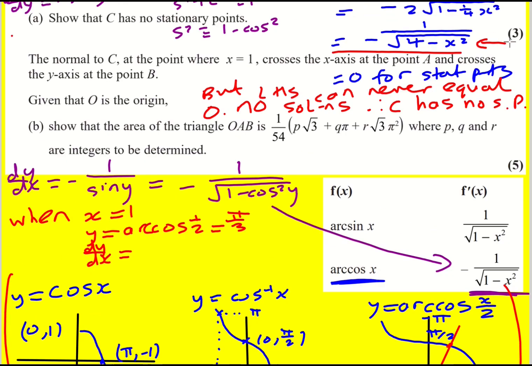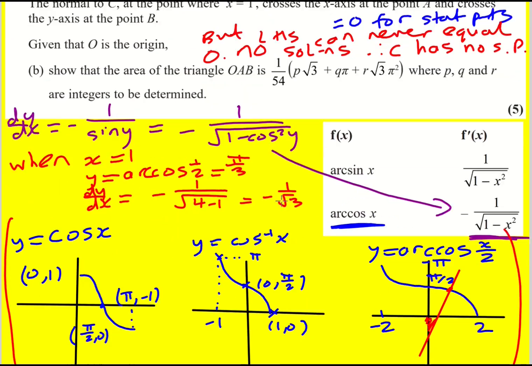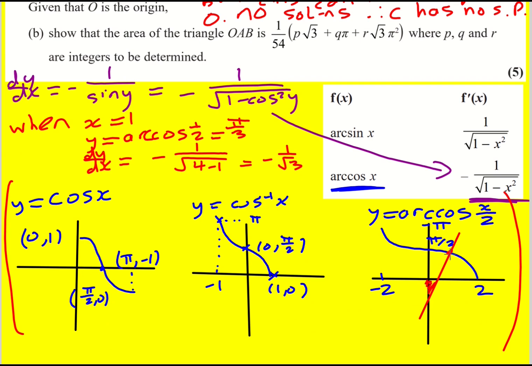I'll use this version here. I'm going to get minus 1 over the square root of 4 minus 1. I'm going to get minus 1 over root 3. Remember, that's the gradient of the curve at that point, the gradient of the tangent at that point. So the gradient of the normal is the negative reciprocal. Therefore, it's going to be root 3.